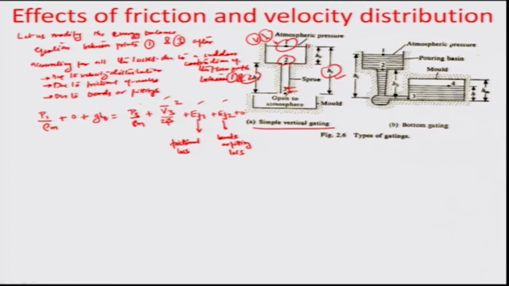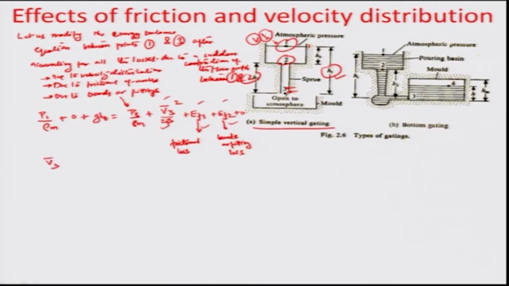So, on the right side at the juncture 3, you are accommodating for the loss due to the velocity distribution, the loss because of wall friction, and the loss because of the sudden contraction and expansion. In this particular case, between 1 and 2 there has been a contraction, and because of that there is a loss. So, this loss has to be taken in the overall energy balance equation for good analysis.